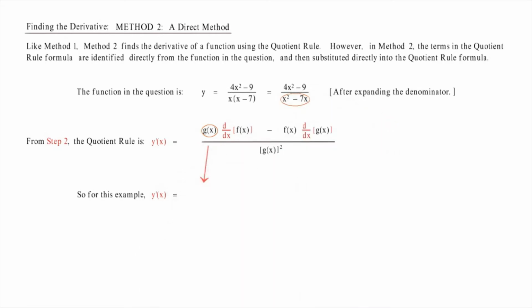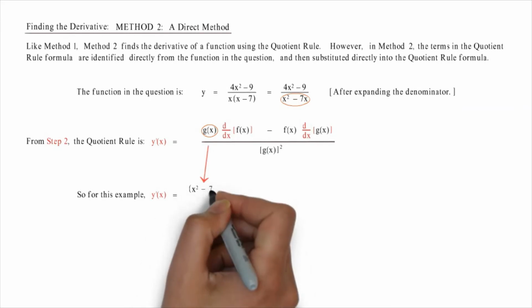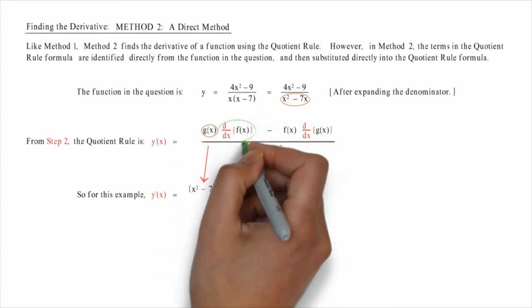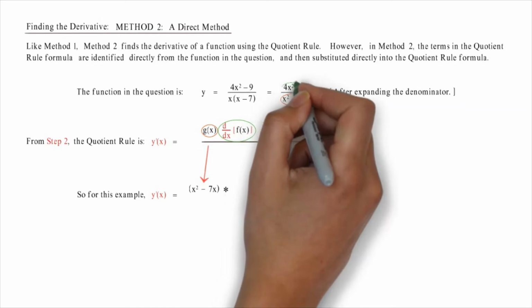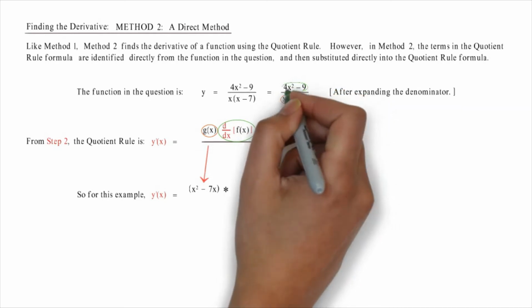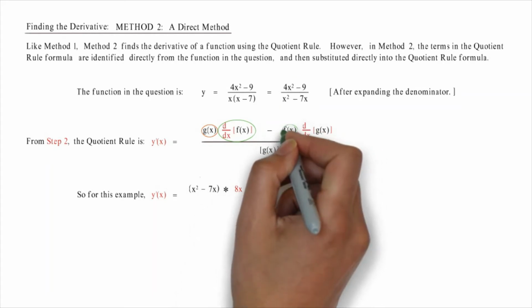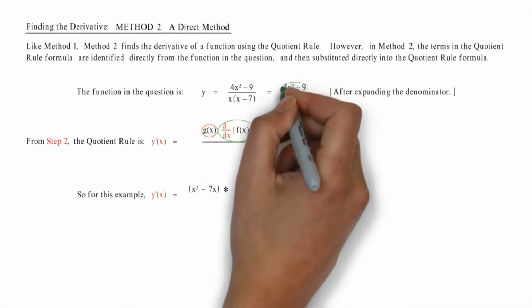So substitute x squared minus 7x times d/dx of f(x), the derivative of 4x squared minus 9, which is 8x, minus f(x), which is 4x squared minus 9.